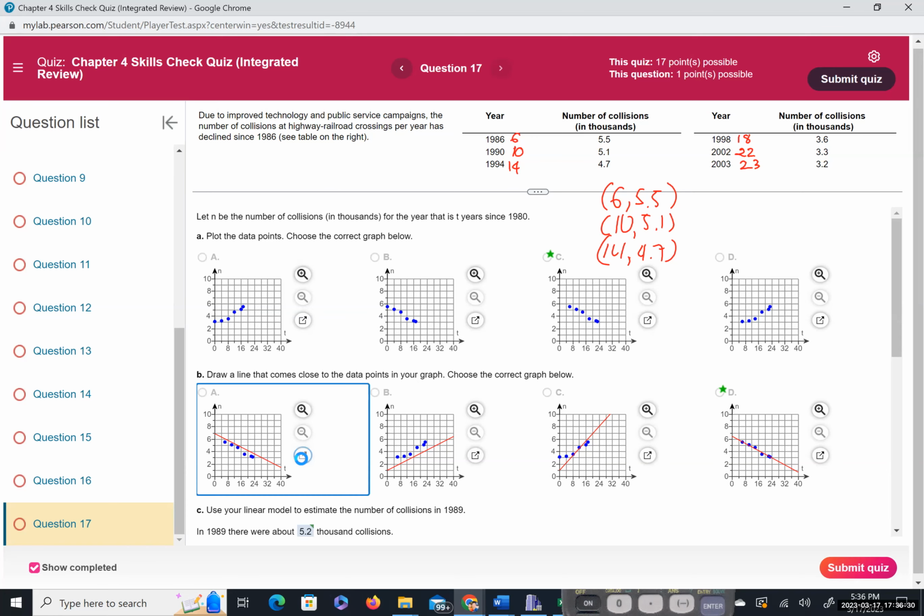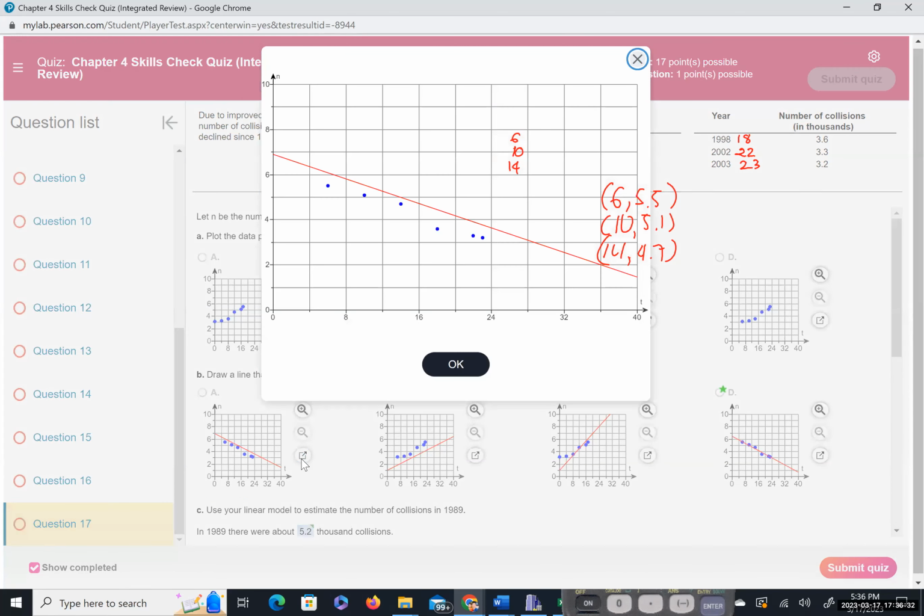So let's take a look at this one. If you think about whether this line can be the best representation for all the dots here, I say no, because all the dots right now are below it. So it would not be a good line for all the dots here.